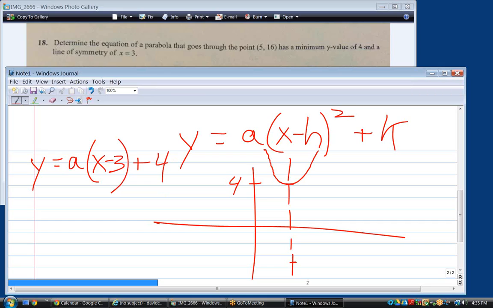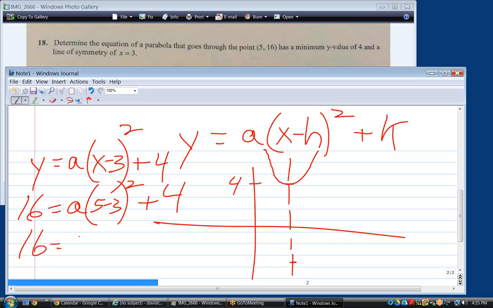Maybe plug in the point. So what's the next thing I can write? 16 equals A times (5 minus 3) squared plus 4. So this is 16 equals 4A plus 4, right?